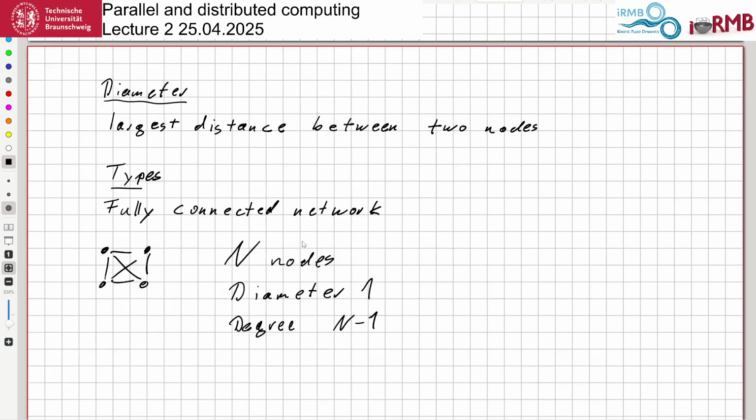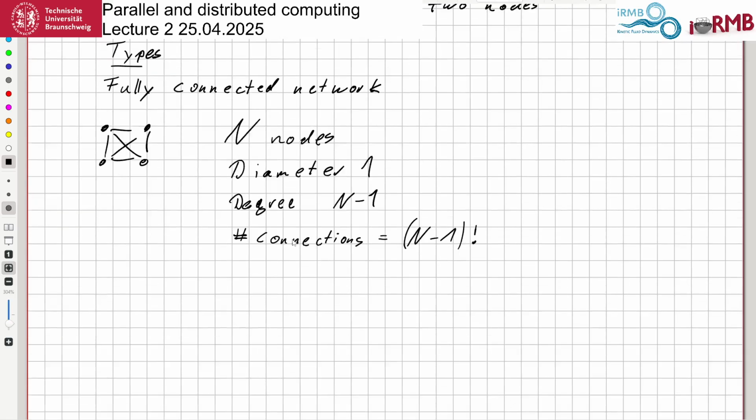And the number of connections, this is now pretty large, is n minus 1 factorial. Okay, so this is all connected.